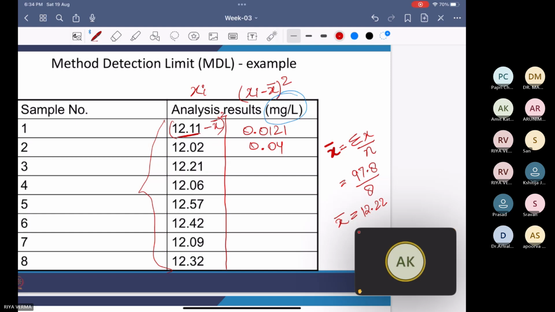Okay, so I think it's going to be 0.0001. Then 12.06 minus 12.22, the square, 0.0256. Then 12 minus 12.22 square, 0.1225.